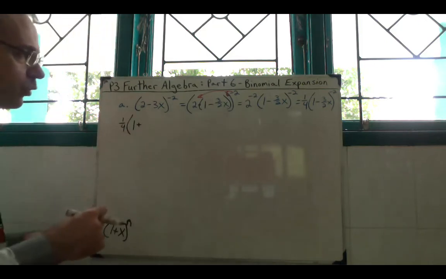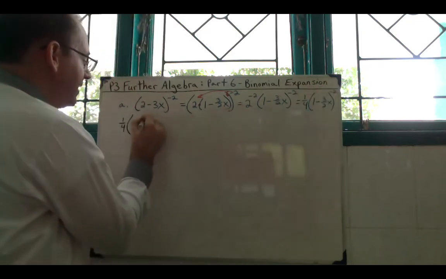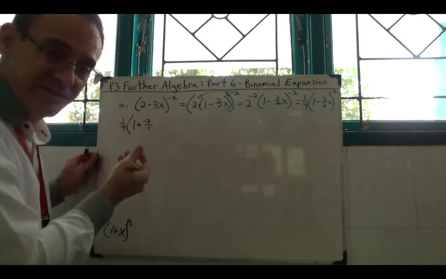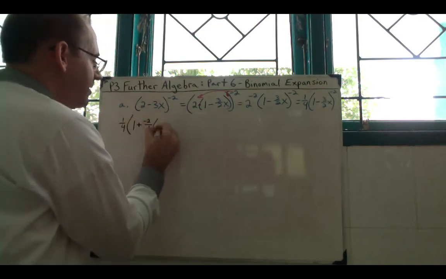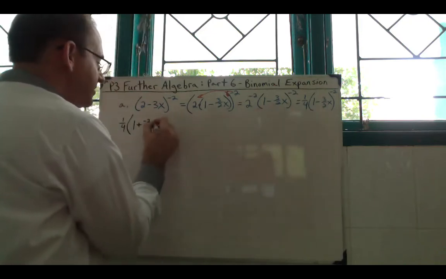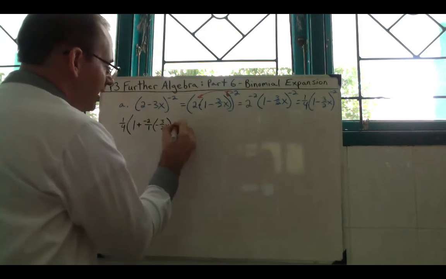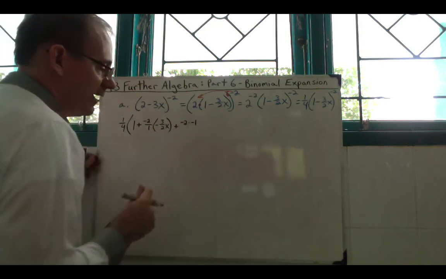The first term is 1, and then we get our exponent n, negative 2 over 1, and the formula sheet just says n, because divide by 1 is still negative 2, and then our x is a negative 3 halves x, and plus, and we go back to our negative 2 and multiply it by n minus 1.